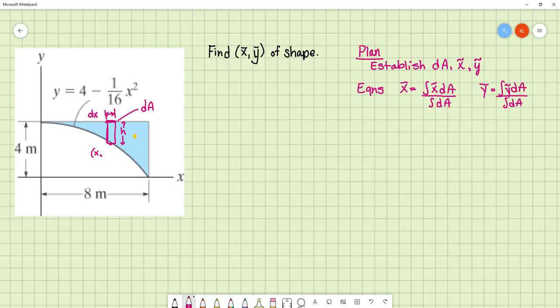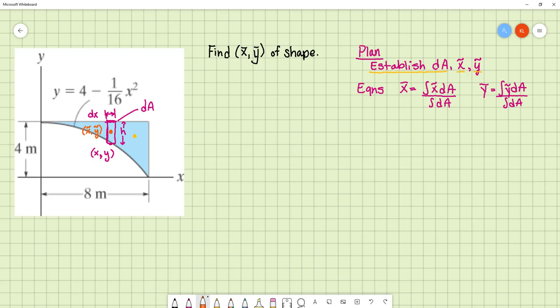The curve is x, y, and that is the location along the curve as we're integrating. The other thing, so we just established dA. Now we need to know where the centroid of that slice is. And that's x tilde, y tilde, the centroid of that rectangular slice.